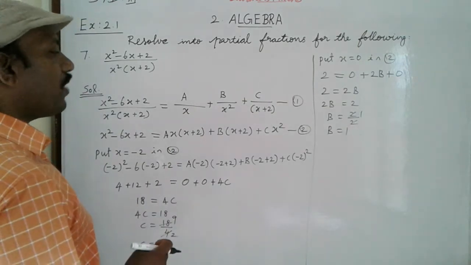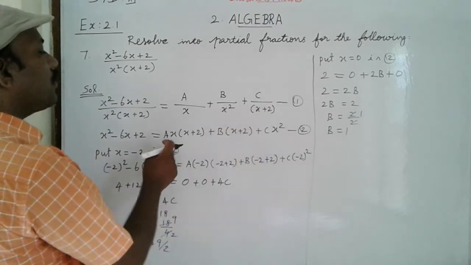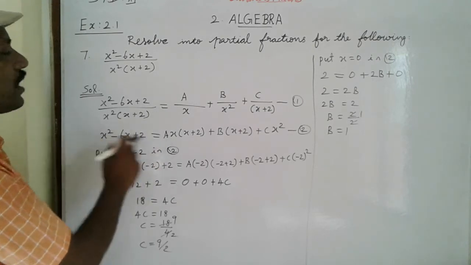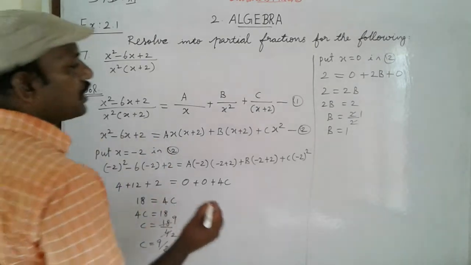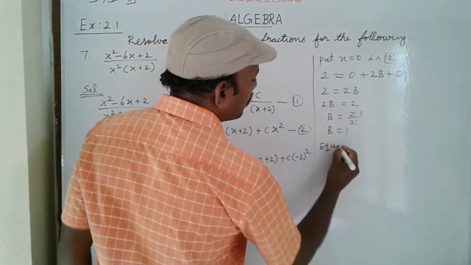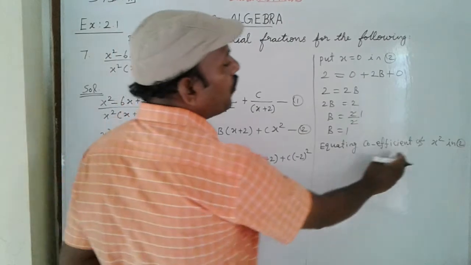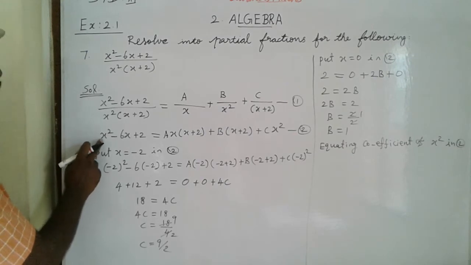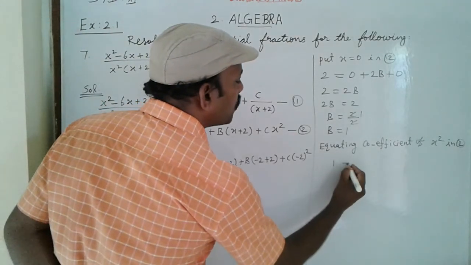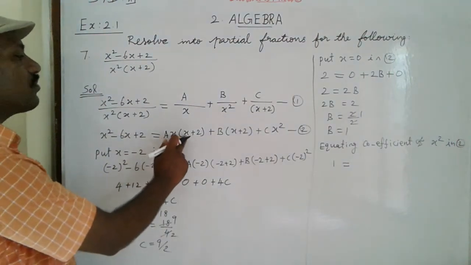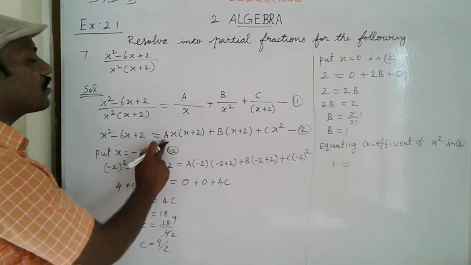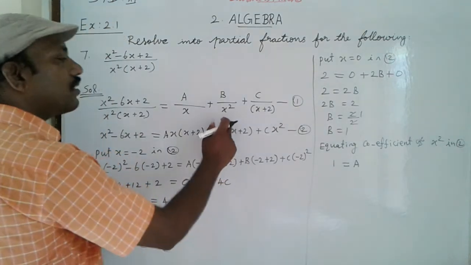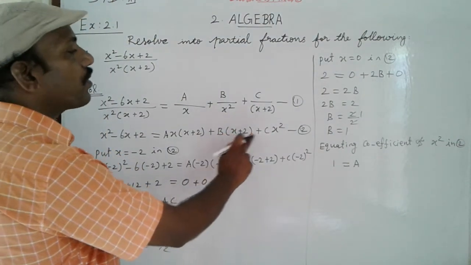The c value we already found out. Next we should find the a value, so we equate the coefficient of x² in equation 2. The coefficient of x² on the left is 1, so 1 equals: x into x is x², x² into a is a x², so the coefficient is a. The x² term is not in the b term, so we leave it.